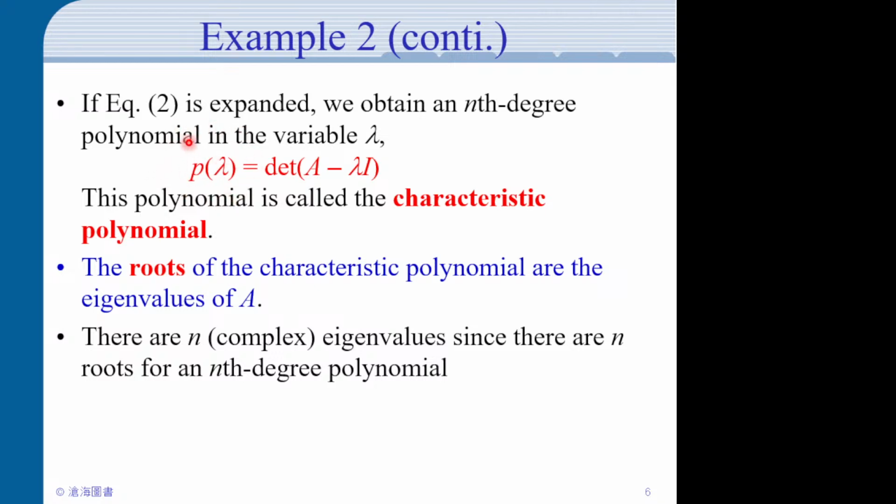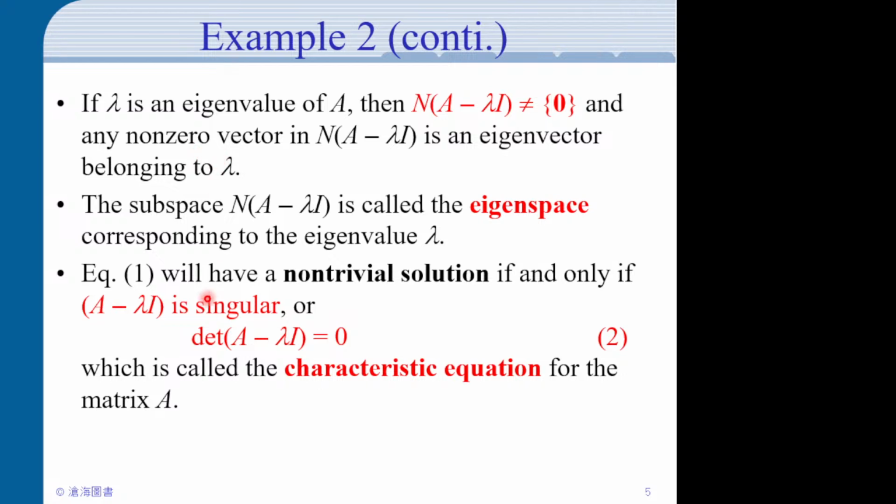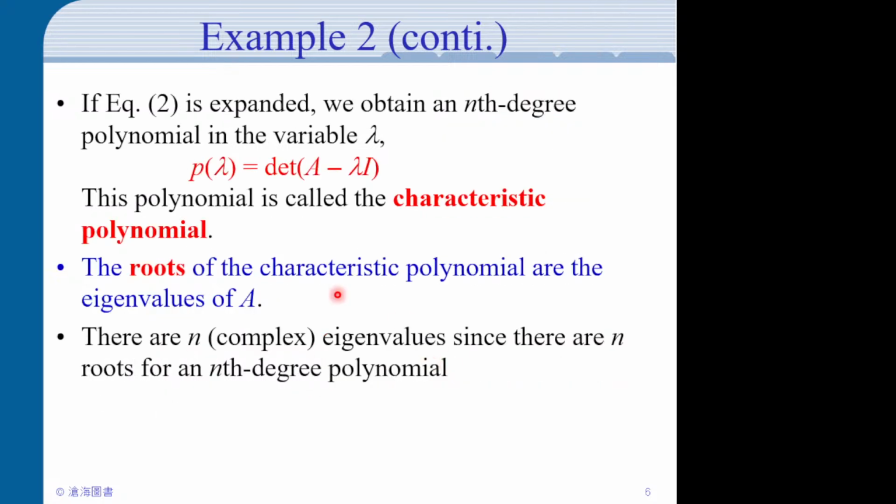The polynomial is just the left-hand side of this determinant equation. So the characteristic equation is basically saying P of lambda equal to 0, the characteristic polynomial equal to 0. Hopefully from high school algebra you remember that then you want to solve for the roots of the polynomial.